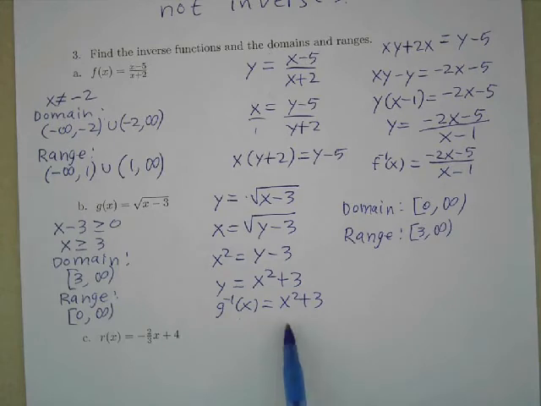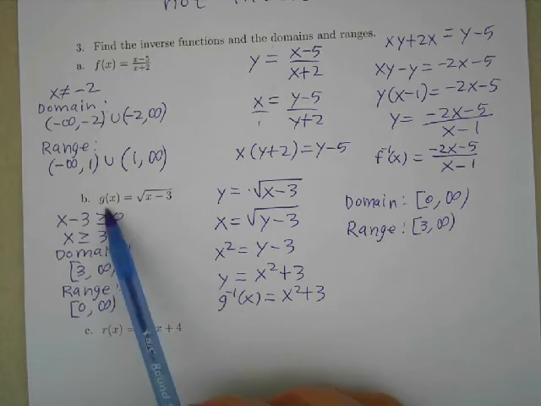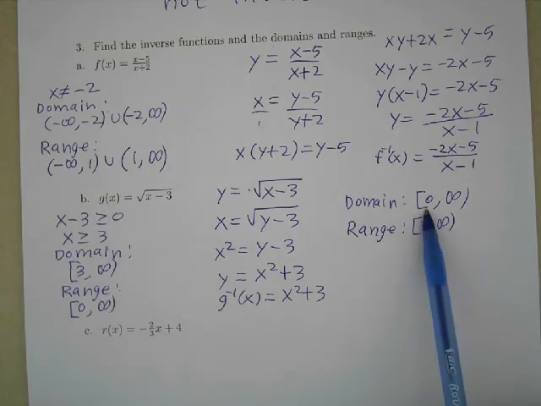Okay, so one thing to be aware, this function, if this were by itself, y equals x squared plus 3, then the graph would be a full parabola in the xy plane. But this is the formula for the inverse of g, and its domain is restricted to only those x values from 0 to infinity.